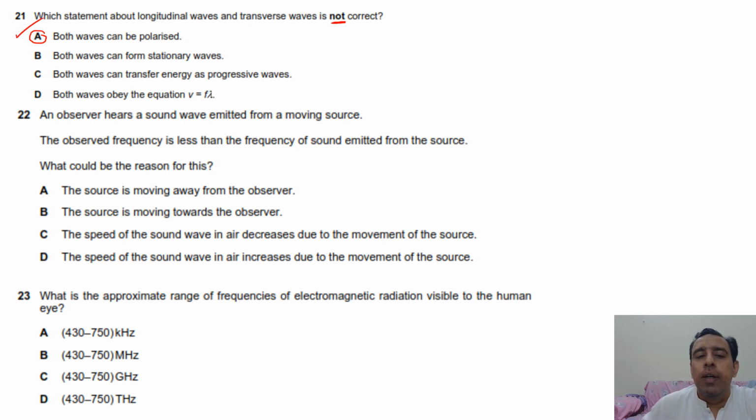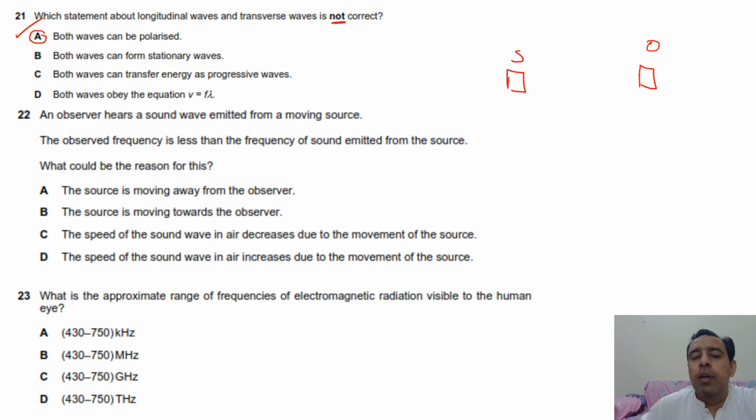Question number 22. An observer hears a sound emitted from a moving source. The observed frequency is less than the frequency of the sound emitted from the source. What could be the reason? It means there is source S and this is some observer.